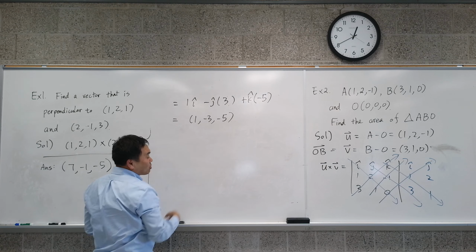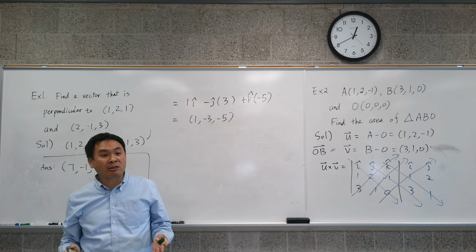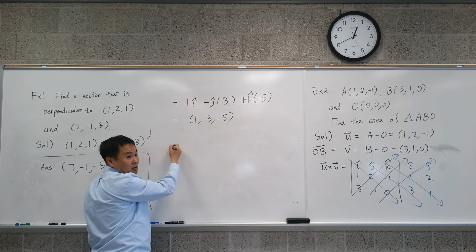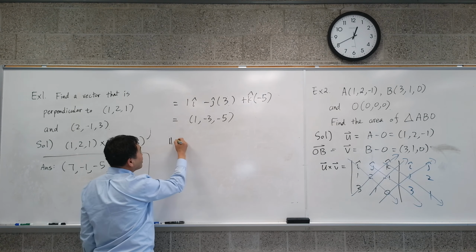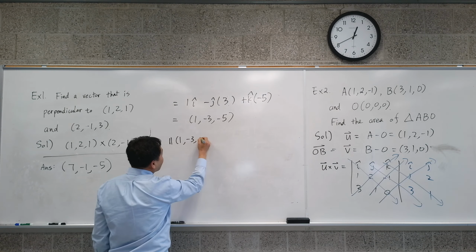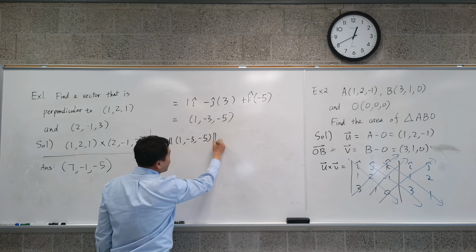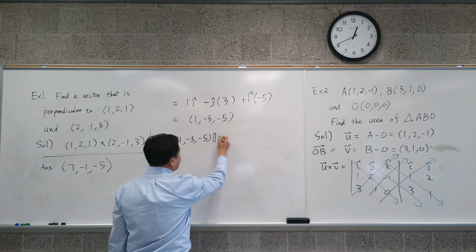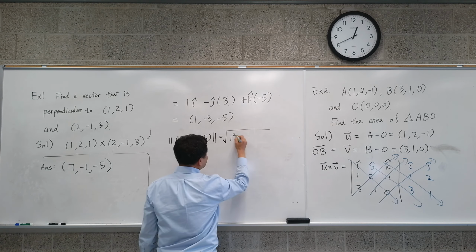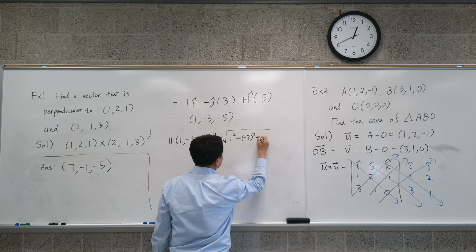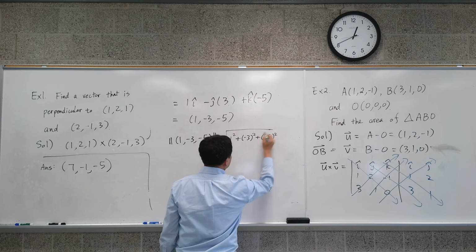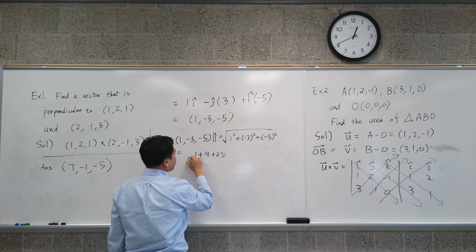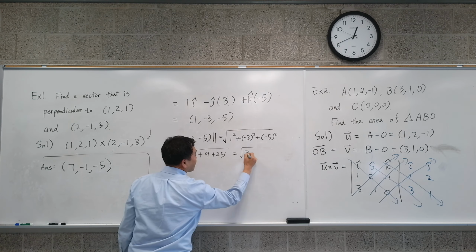So that's your vector, but what do we want? We want the area, so we need the magnitude. The magnitude of the cross product gives you the area of the parallelogram. So we take this, which gives you 1 plus 9 plus 25, which is square root of 35.